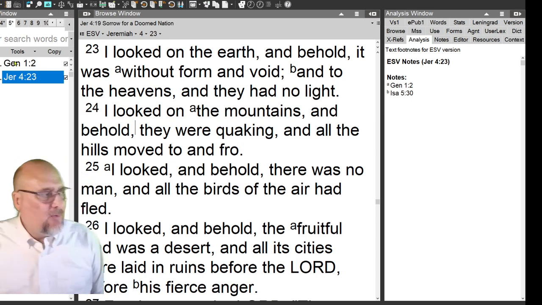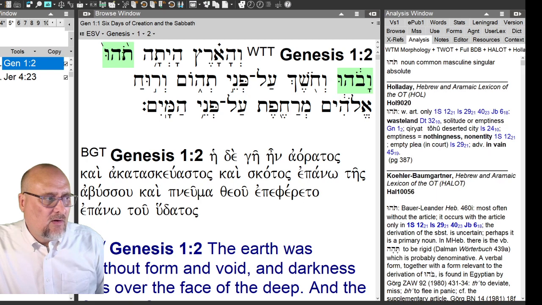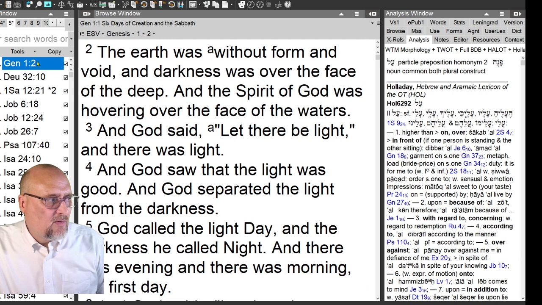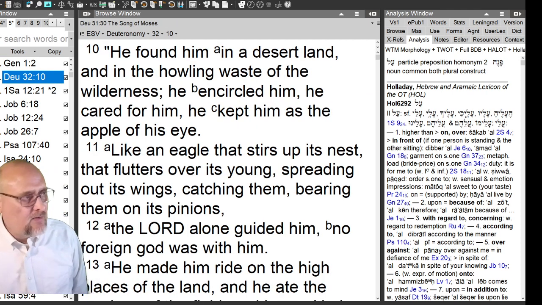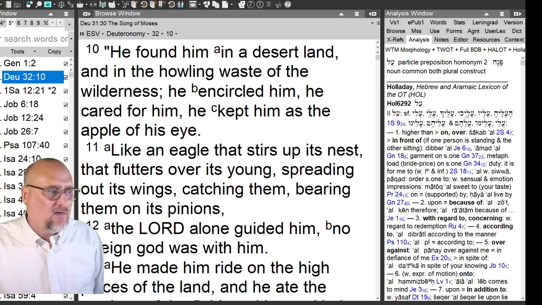In fact, if we go back and we look at the individual words, show me everywhere tohu appears. It appears lots of places. I found him in the desert, in the wilderness.